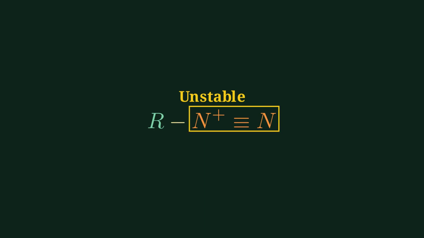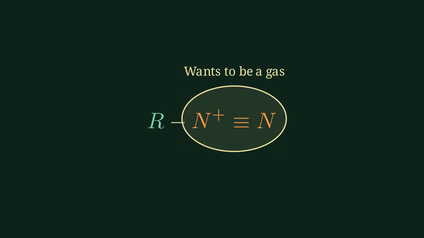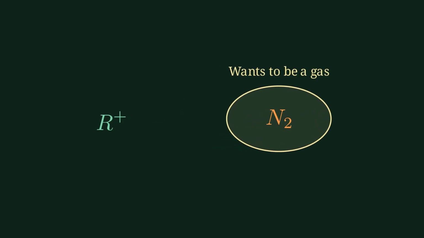The N2 group is one of the best leaving groups in all of chemistry. It wants to be a gas. Almost immediately, the molecule falls apart, releasing nitrogen gas. Visually, this is unmistakable. You see brisk effervescence, bubbles of nitrogen escaping the liquid like a freshly opened soda.